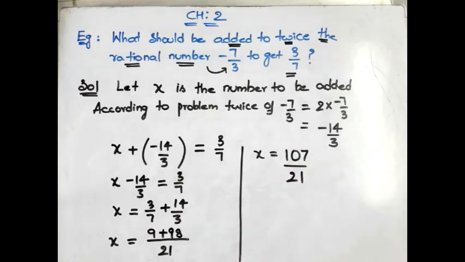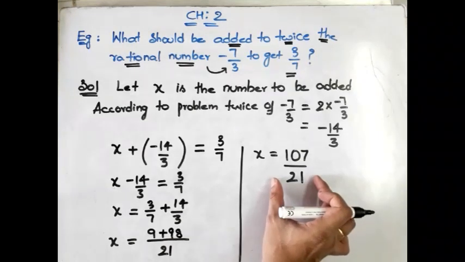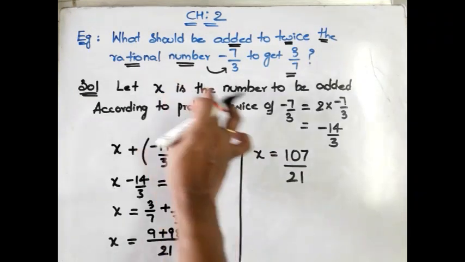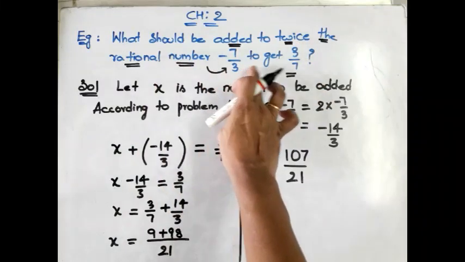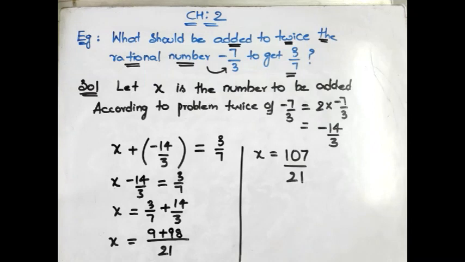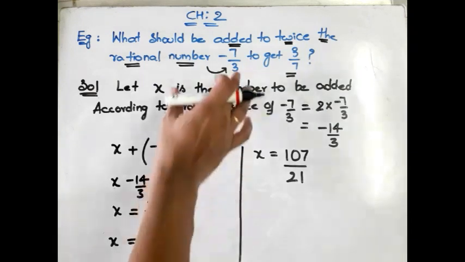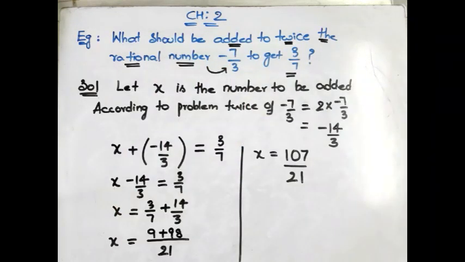Okay, so 107 by 21. So 107 by 21 should be added to twice the rational number minus 7 by 3 to get 3 by 7. For word problems, understanding the question is very important rather than the solution. So please read the question 2 to 3 times in order to get the answer.